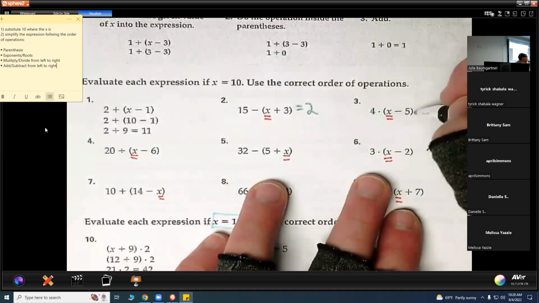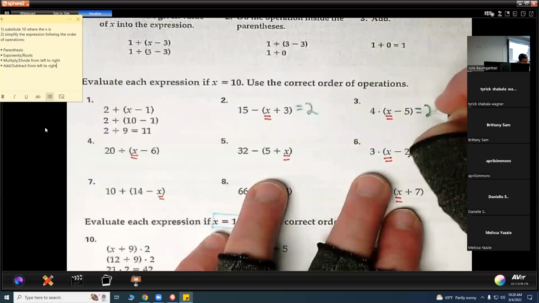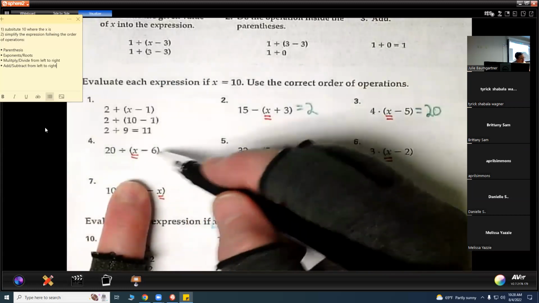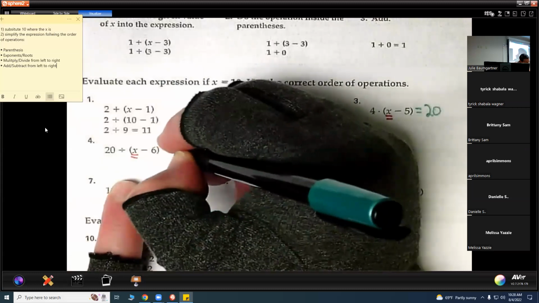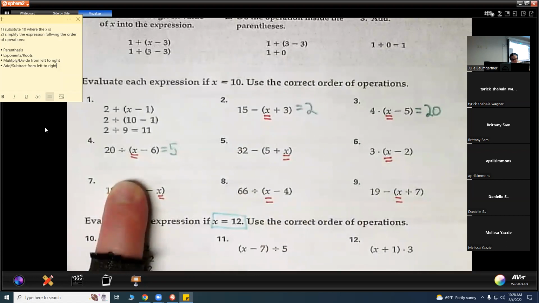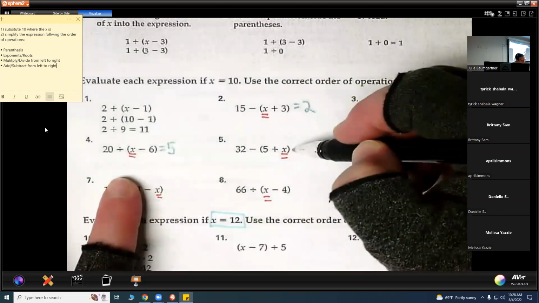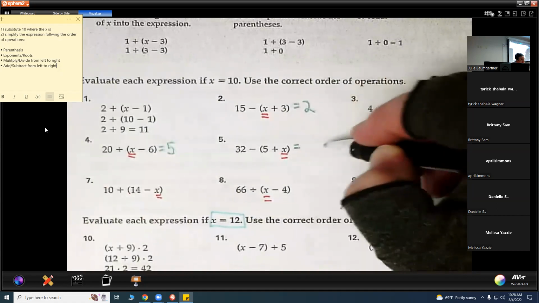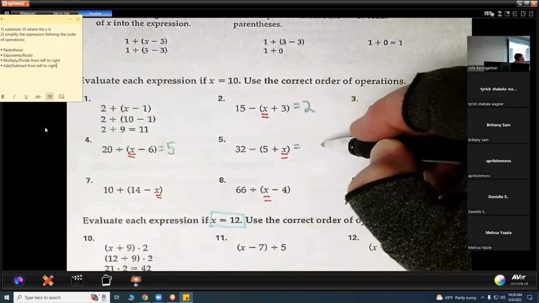So 10 minus 5 is 5. 4 times 5 is 20. Here, 10 minus 6 is 4. 20 divided by 4 is 5. Here, 5 plus 10 is 15. 32 minus 15 is 17.